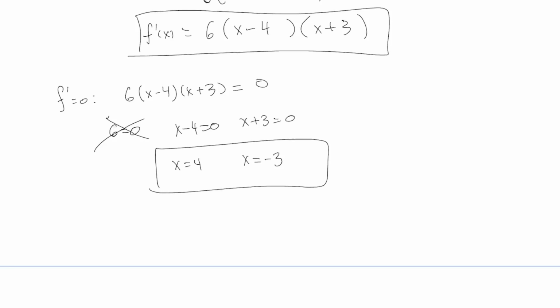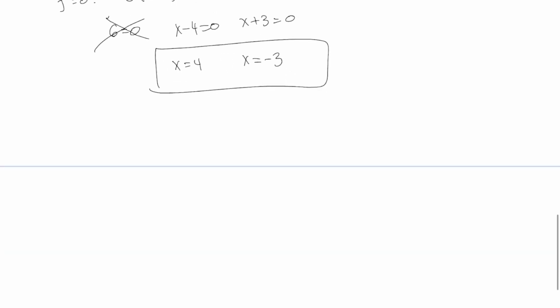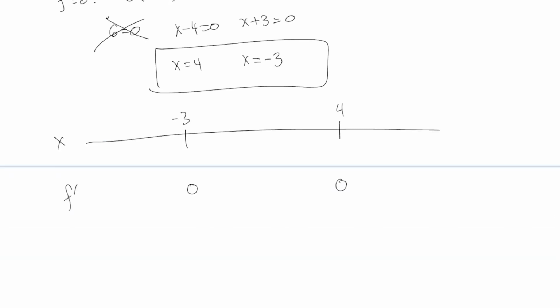All right. This is all exactly the same as the increasing, decreasing stuff that we did last time. Next, we should make the chart with the signs of the derivative. So I label these 2 points on a chart here and here, and I'm interested in the signs of f prime, that is positive or negative for f prime.